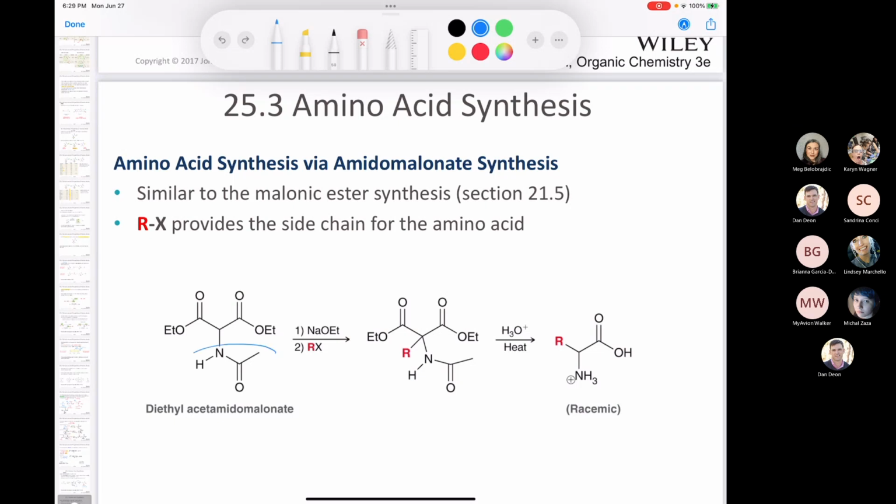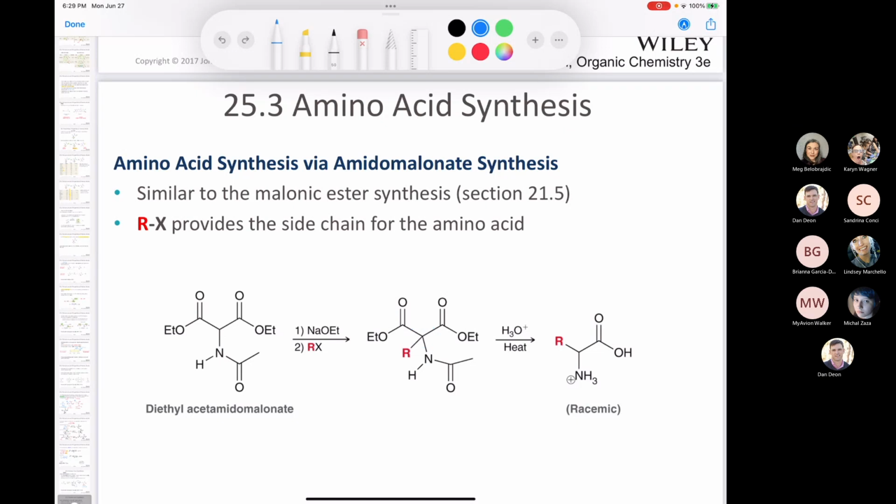So we have an acetamide here, and we still have the acidic proton here. So we can remove that proton using sodium ethoxide. That will give us the doubly stabilized enolate, and then that can act as a nucleophile with an electrophile, and we install that electrophile between those two carbonyl groups.